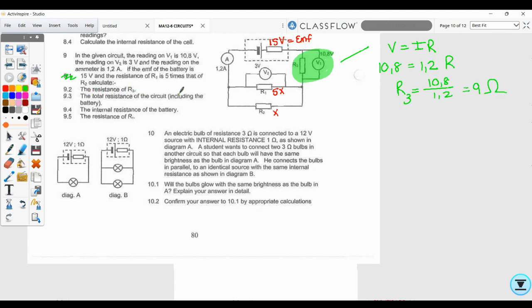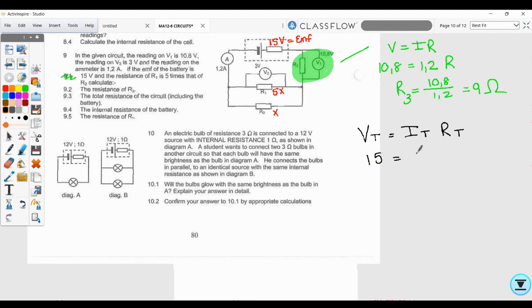Then the total resistance of the circuit, including the battery. That should be total always. So they want the total resistance. We can use V total is equal to I total times R total. Do I know what V total is? 15, because V total is always the EMF.